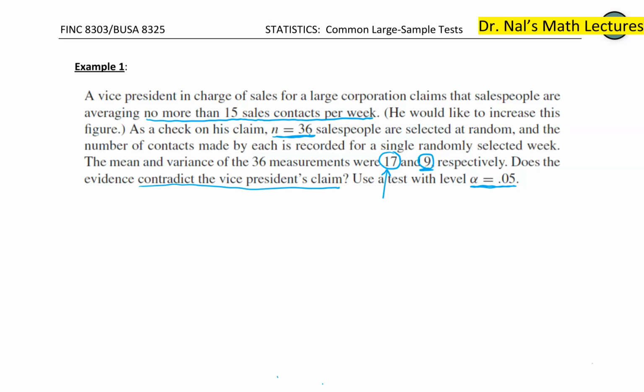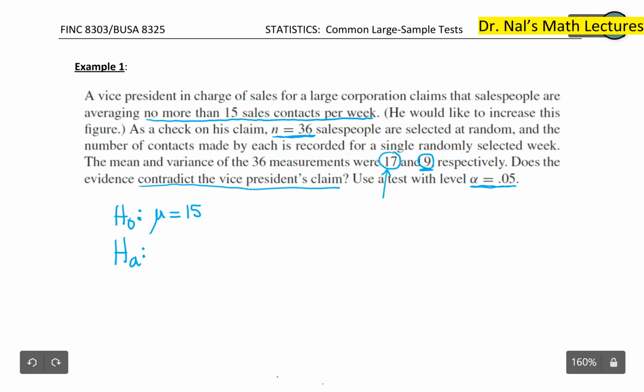So the alternative hypothesis is that mu is greater than 15, and the null hypothesis would be mu is equal to 15, right? So the null hypothesis is mu equals 15, and the alternative hypothesis is mu is greater than 15. The claim of the vice president is inaccurate, in fact.